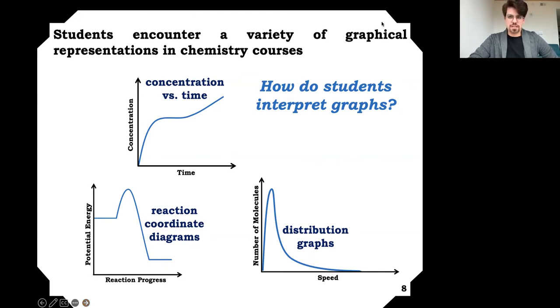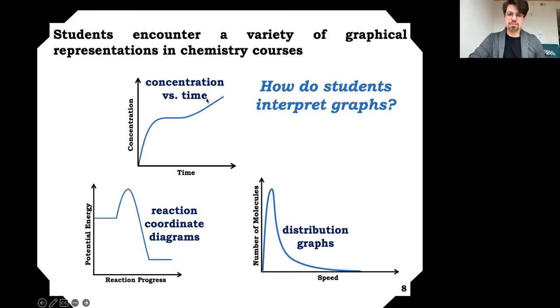And part of the challenge, if you think about a general chemistry course, is that students encounter a lot of different types of graphs. You have concentration versus time, you have distribution graphs, you have reaction coordinate diagrams. But part of the challenge here is that each of these different graphs are intended to be read slightly differently.